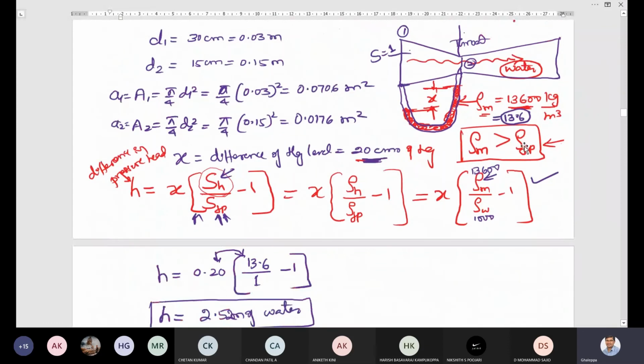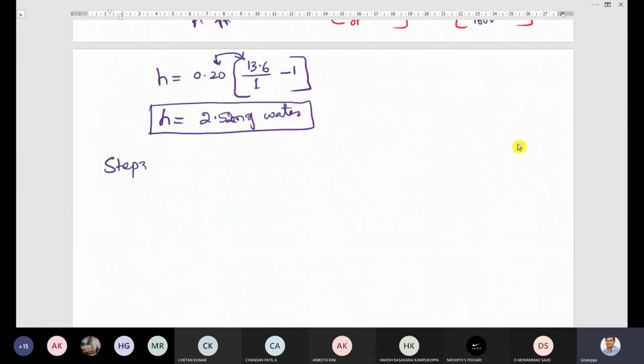Now when the CD is given, it is not theoretical discharge, it is actual discharge. So substitute the formula from step number 3. What is the formula for actual discharge? QA is equal to CD into QTH. First I will calculate QTH, then I will substitute here. Let us take this as equation number 1.